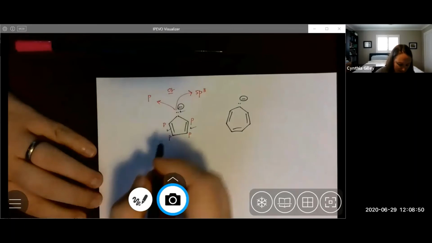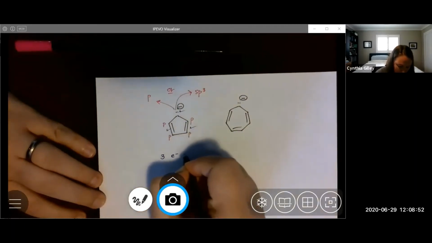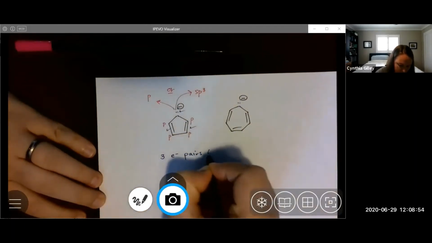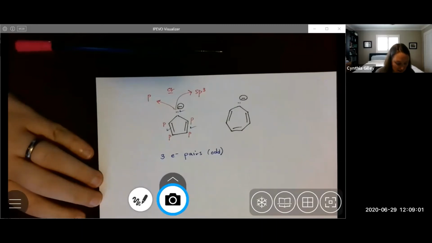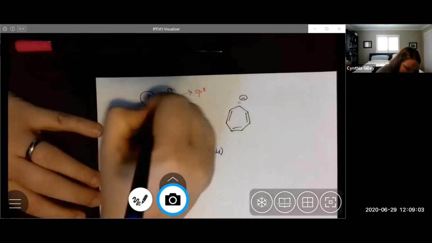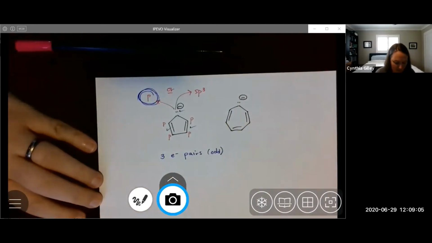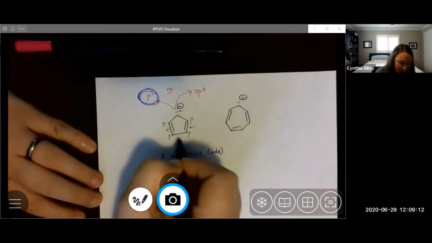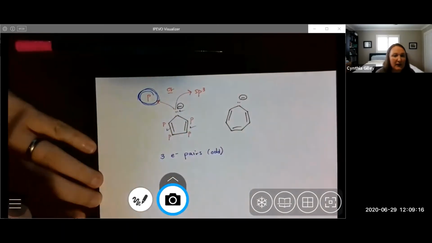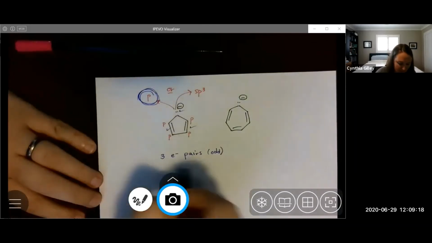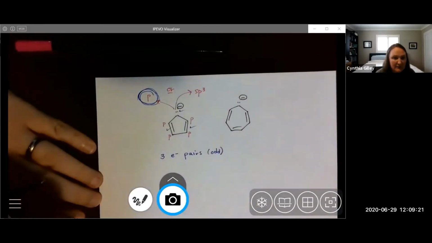So this would be an odd number of pairs, which is good because that's an aromatic number of electrons, right? So yes, it will definitely go into a p orbital, because when it does that, there's a fully conjugated set of p orbitals all the way around the ring, and there's the right number of electrons for it to be very stable.